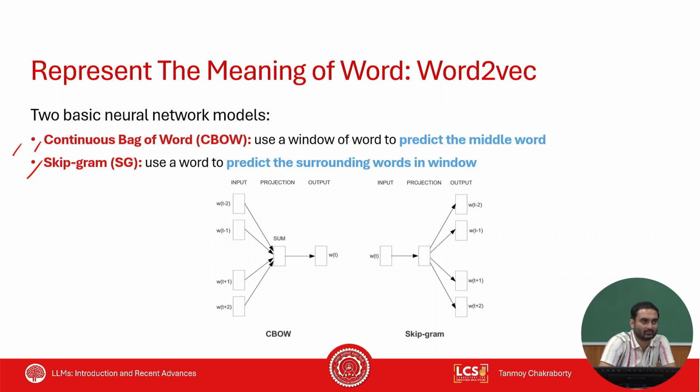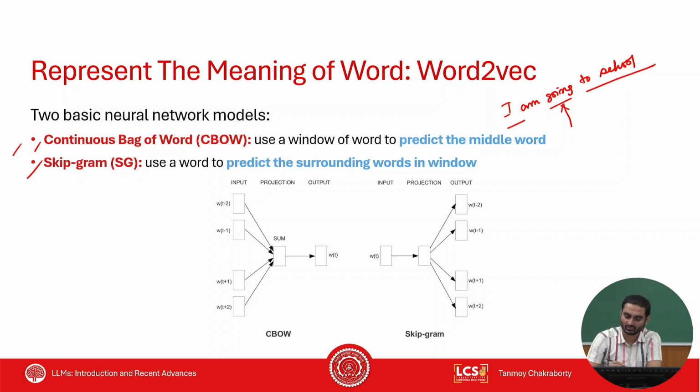The idea is almost the same. Let's say there is a sequence of tokens: I am going to school. I want to measure the word vector corresponding to the word going. In CBOW, I take the context tokens to predict the word embedding of the given word.